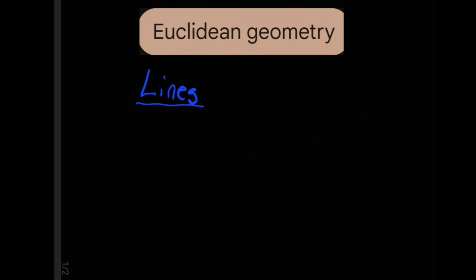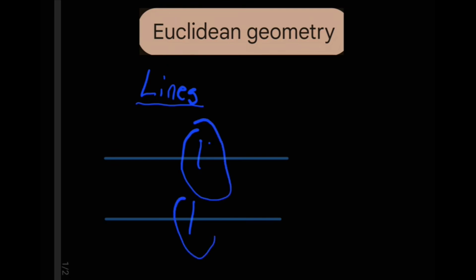So the other types of lines that we can speak about are equal lines, often denoted by this type of figure right here. These lines here in the center show that these lines are equal.